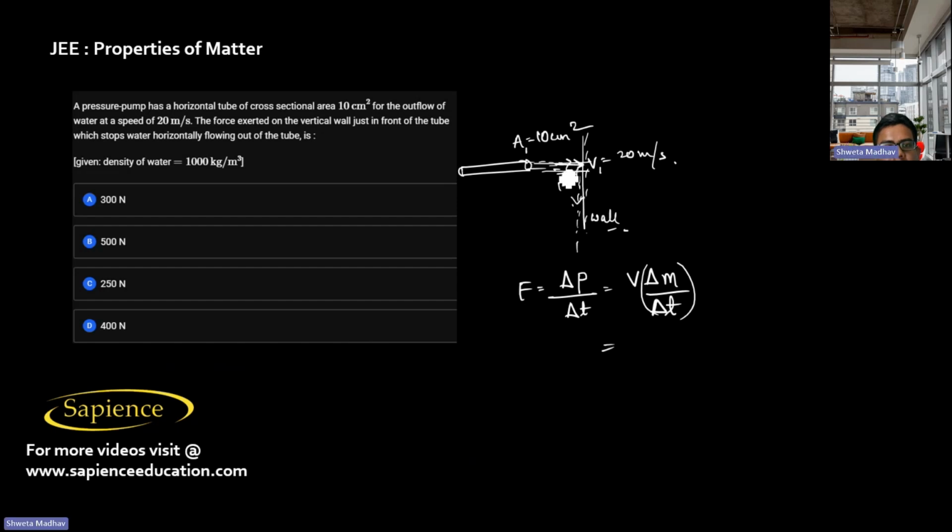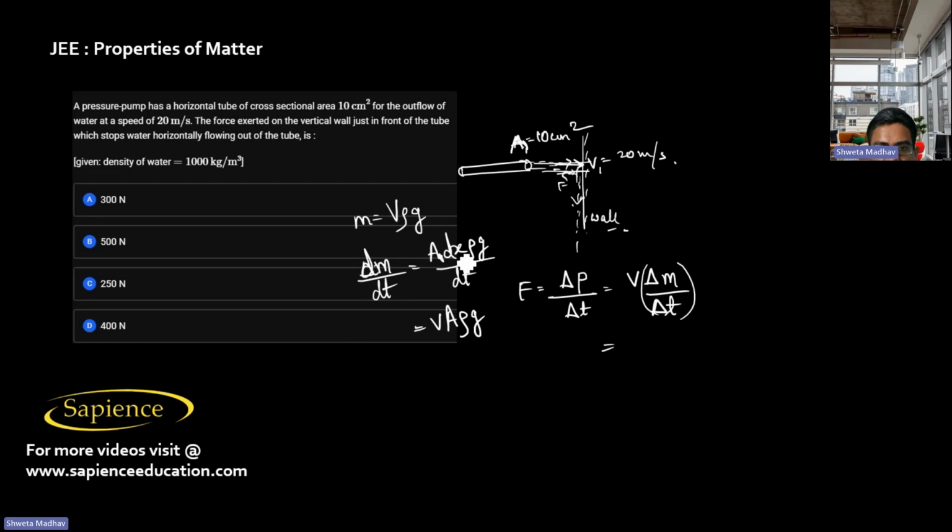Now, how much velocity it is flowing, I can say M is equal to V into rho into G. Now, therefore, delta M by dt I can say is equal to the volume flow, that is area A into dx into rho into g by dt, which is VA rho g.